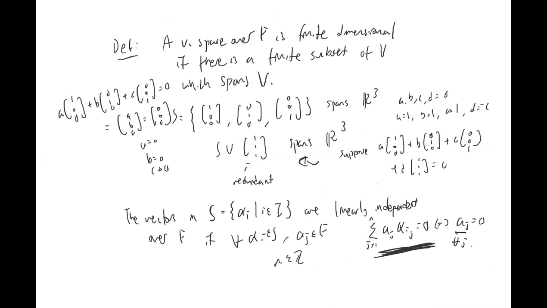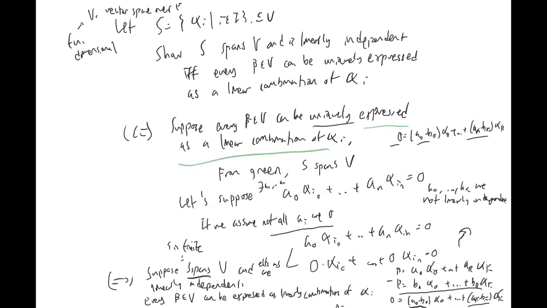Here we found a linear combination that is 0, but not all coefficients are 0. So they can't be linearly independent. Is everyone clear on this? Sorry, I messed up a bit two minutes ago. It's just the definition.